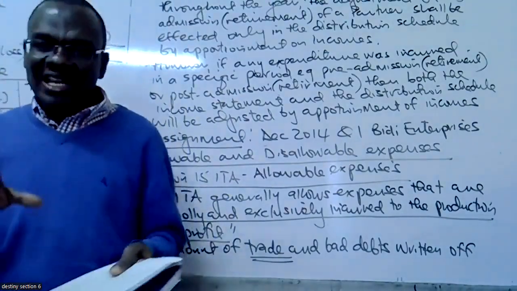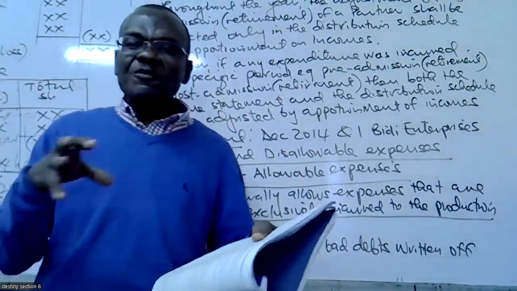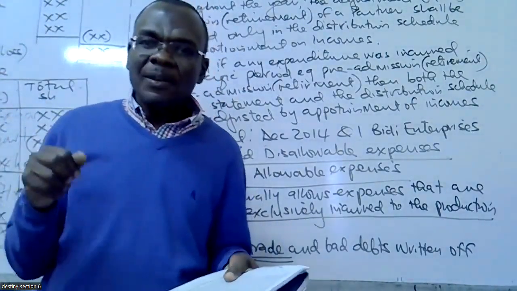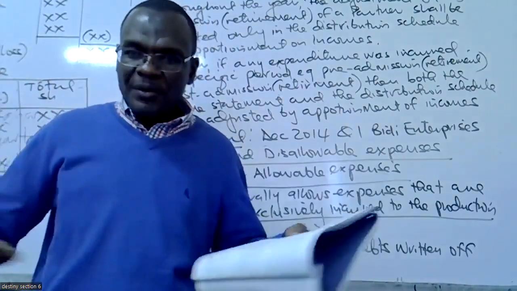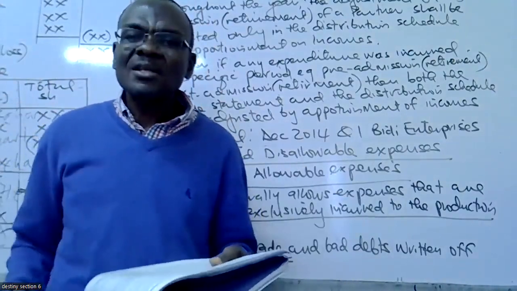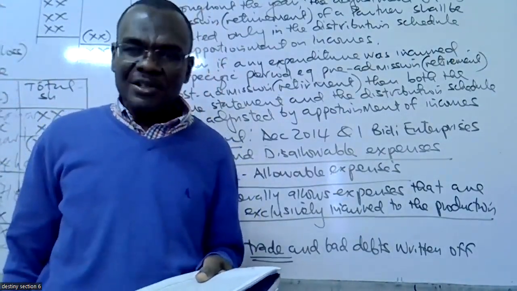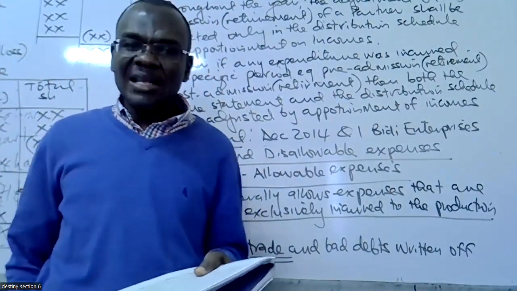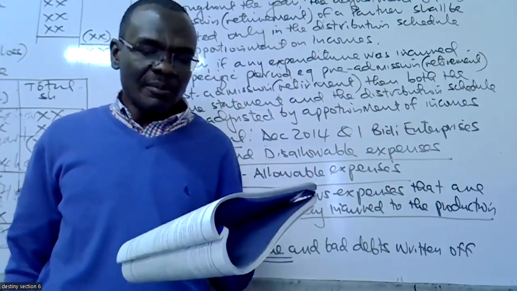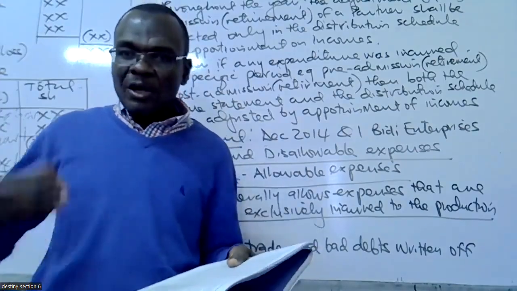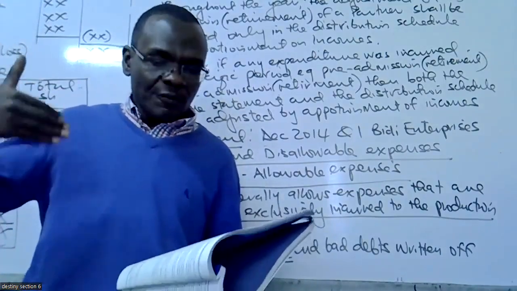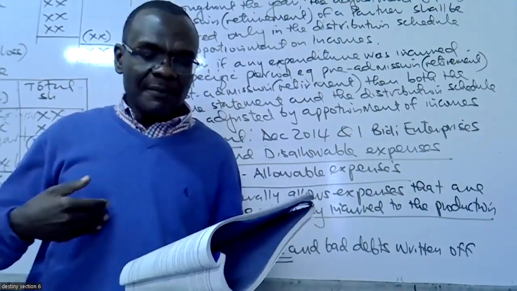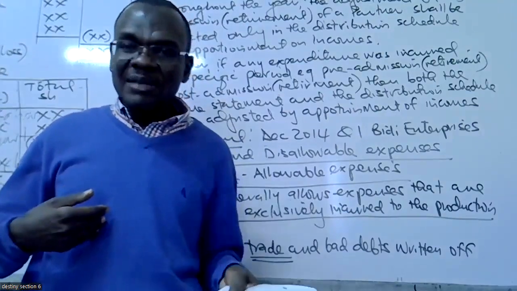Additionally, for a hotel business, the cost of training of staff, the cost of training of employees before operations of a hotel commence would be allowed. They are pre-trading, yes, but they would be allowed because these are normal business costs. So the cost of recruiting hotel workers, the cost of training of staff before commencement of a hotel business would be allowable expenses.